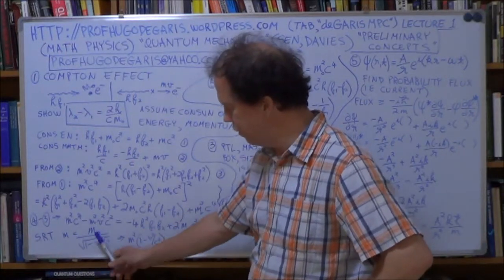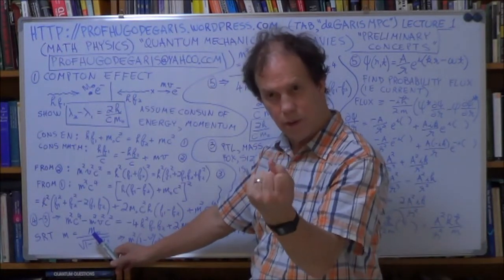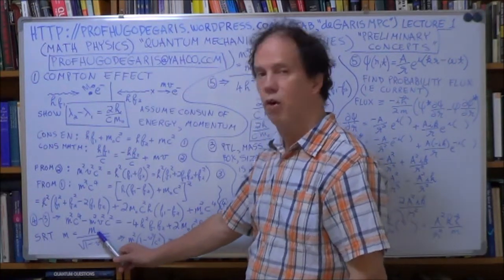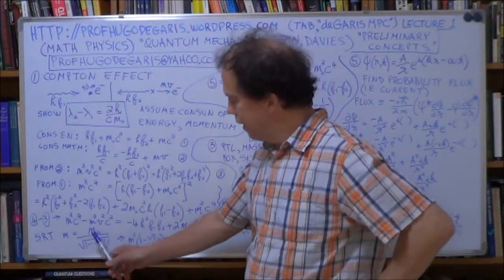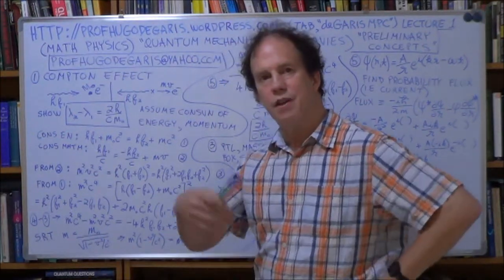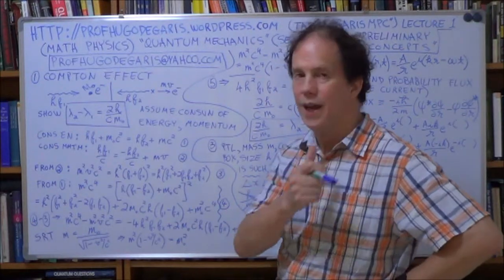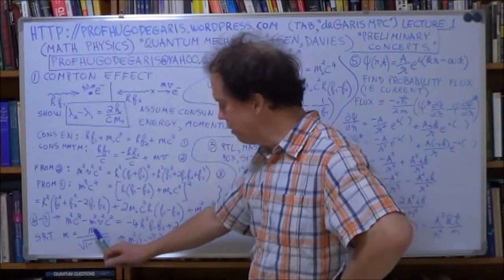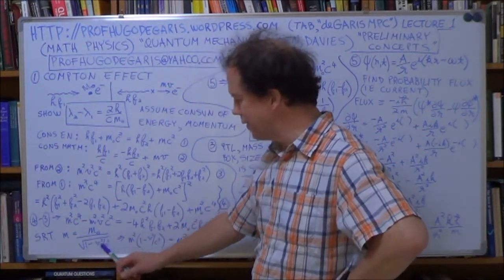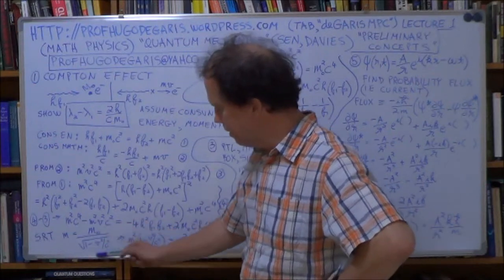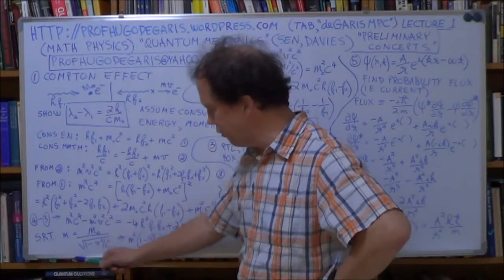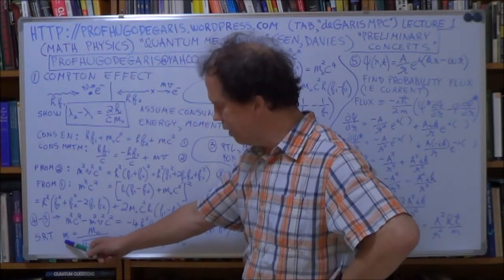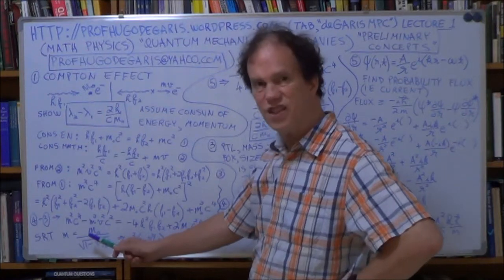If your rest mass, the mass a particle has when it's not moving, is m0, where 0 means its velocity is 0, that's the so-called rest mass, the mass the particle has when it is at rest, meaning not moving. Then you divide m0 by the square root of 1 minus v squared over c squared. That's a famous formula in special relativity theory, the relation between m when the particle is moving and m0 when it is not moving.